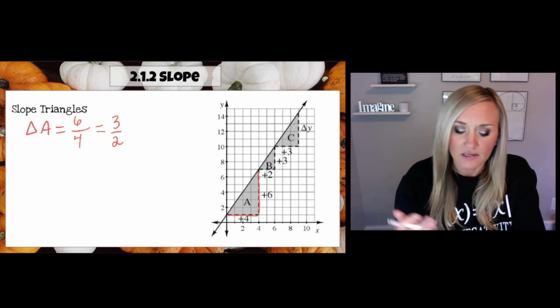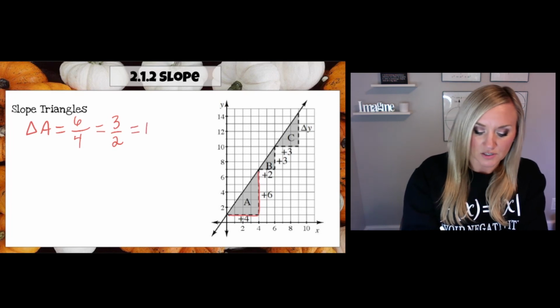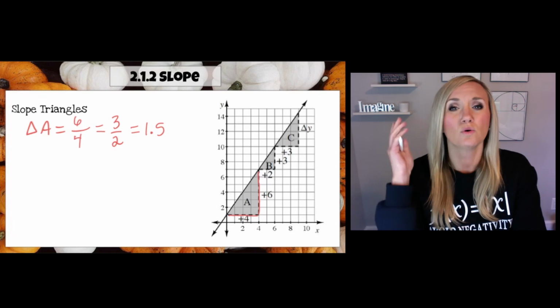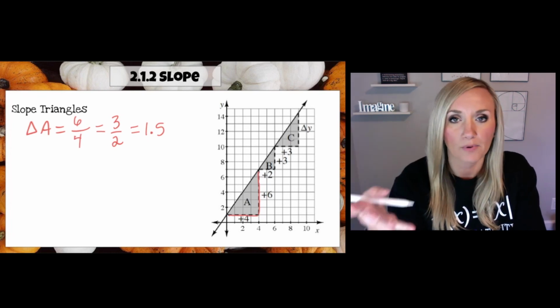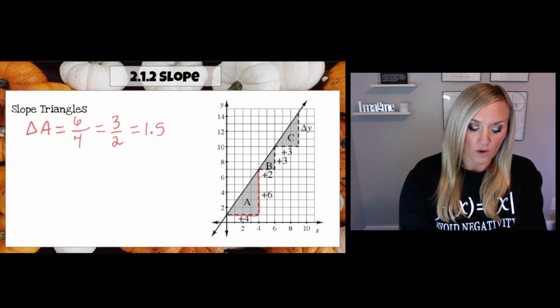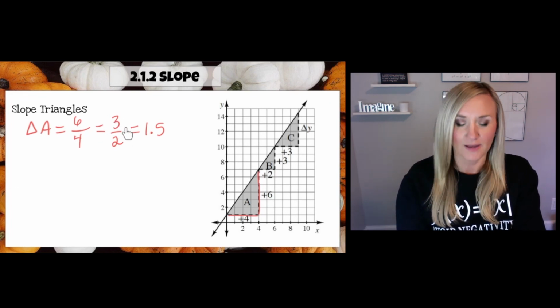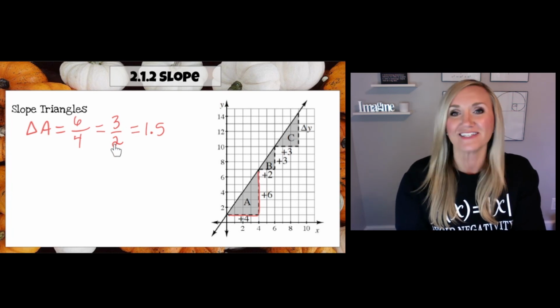And essentially we can think about 3 over 2 as rise over run, and you could say 1.5, but in high school, we love improper fractions. We love them. And so we want to really keep our answer in improper fraction form, which is 3 over 2.